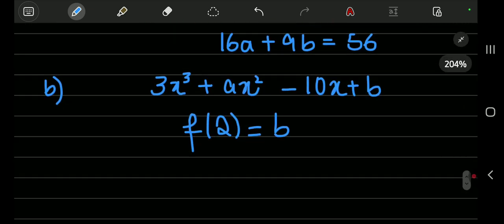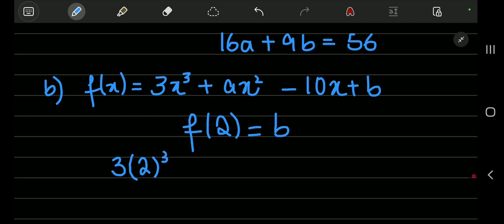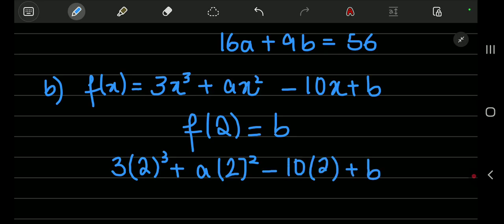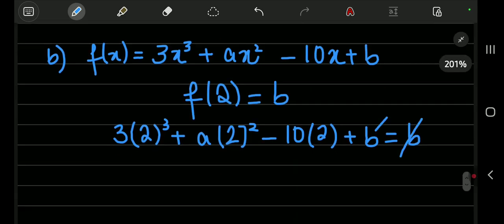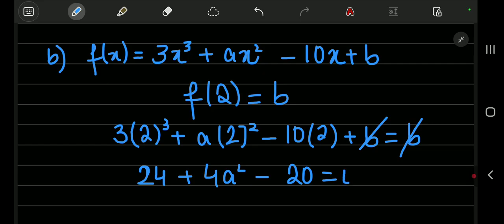So this is your f of x for reference. f of 2 would be 3 times 2 cube plus a times 2 square minus 10 times 2 plus b equals b. From here b and b will cancel out and your equation will just be in a. So we can easily find a then. 2 cube is 8, 3 times is 24, plus 4a minus 20 equals 0.